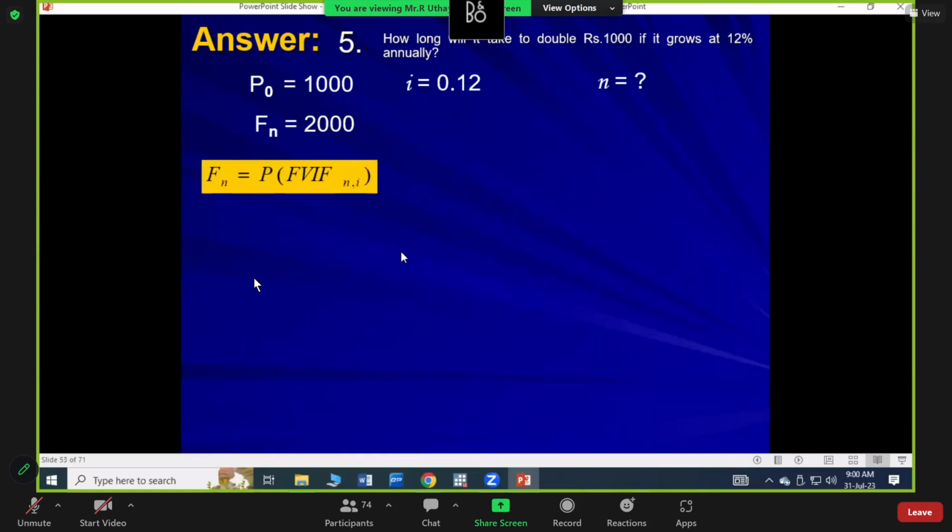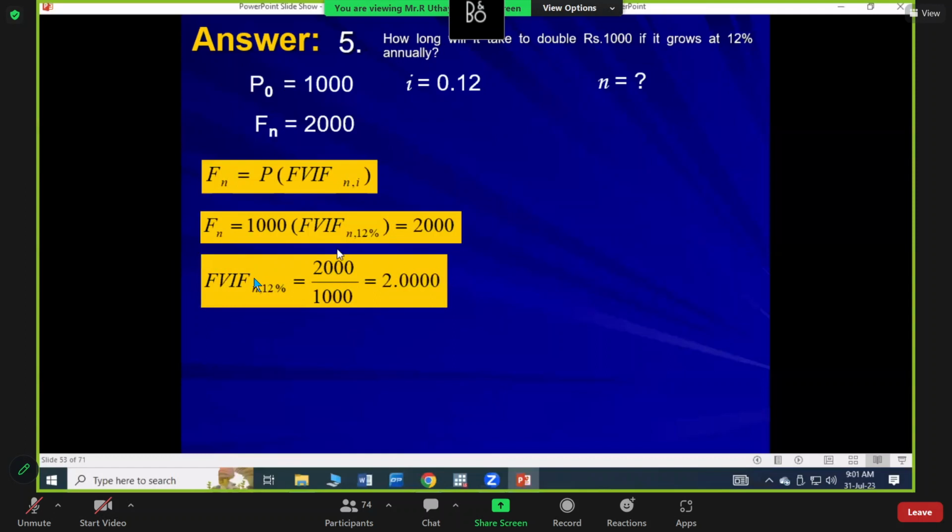Then you can apply this formula: the future value is equal to present value times the future value interest factor. The interest factor is not known because you don't know the number of periods. Only the interest rate is known, 12%. But the result should be 2000, that is, Fn should be equal to 2000.